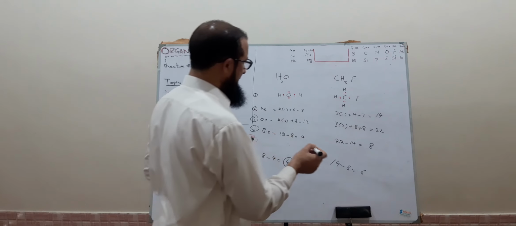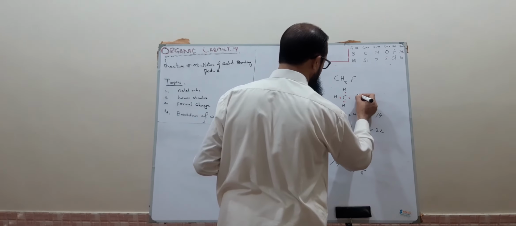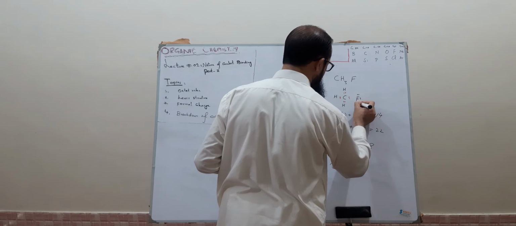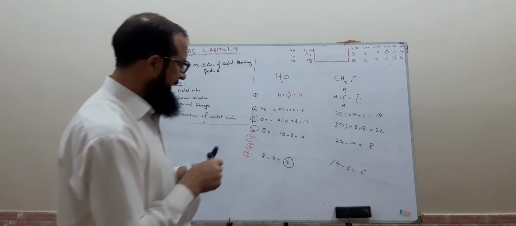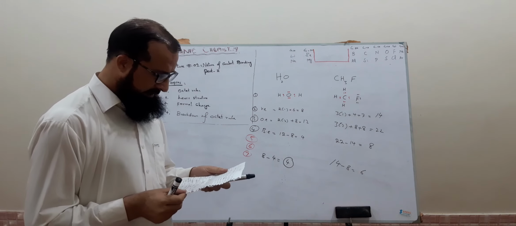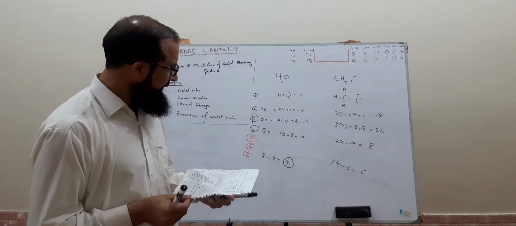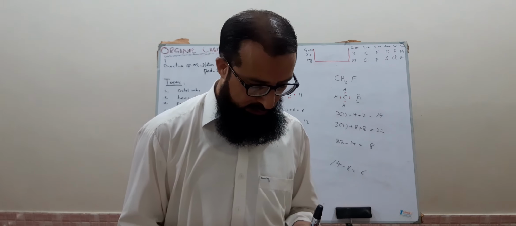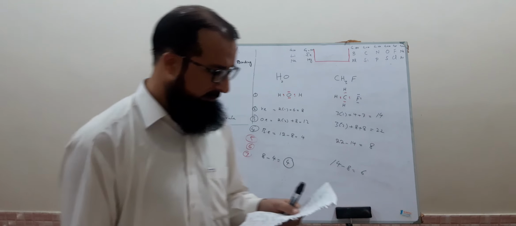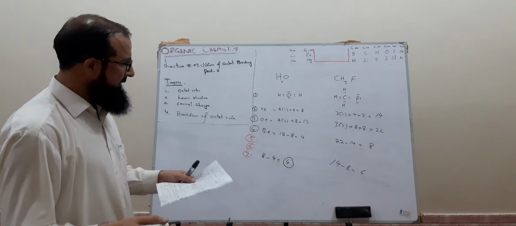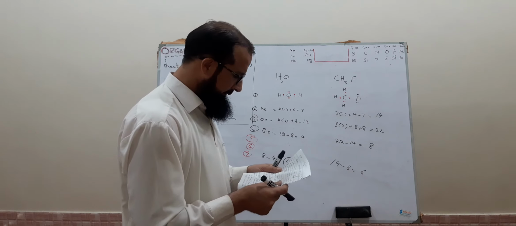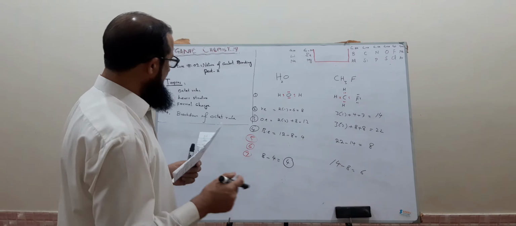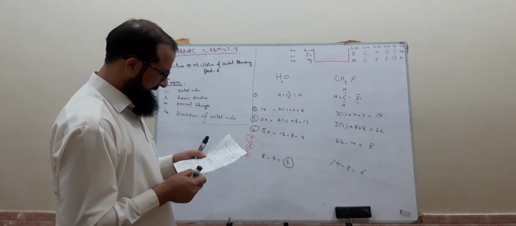So we will put these 6 lone pairs of electrons on fluorine. So this is all about the Lewis structure, and you can practice it with many molecules. Maybe we will discuss some molecule later on, but you can try, you can practice.